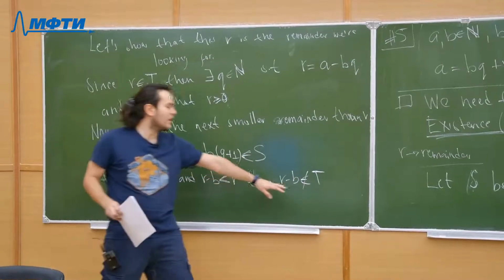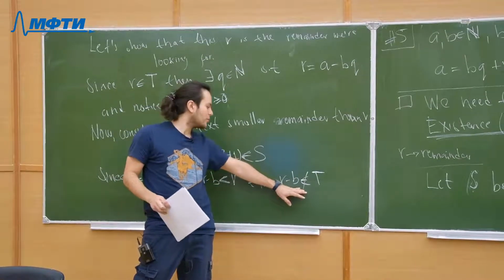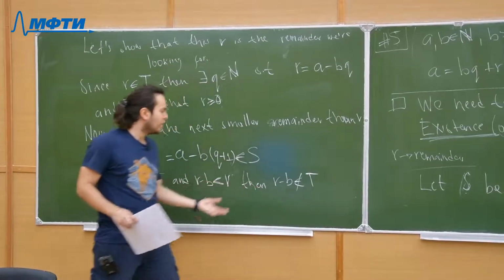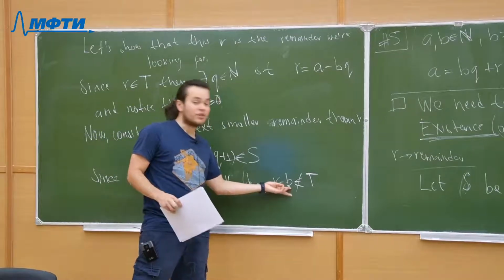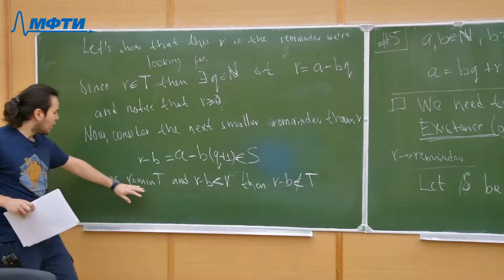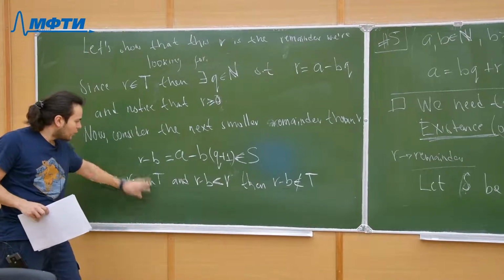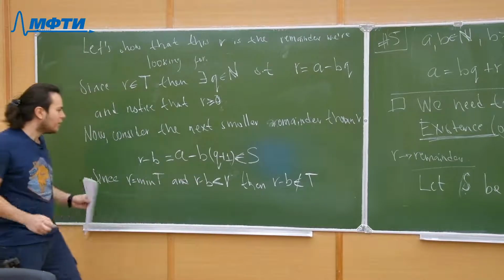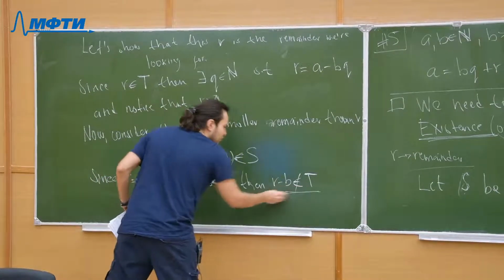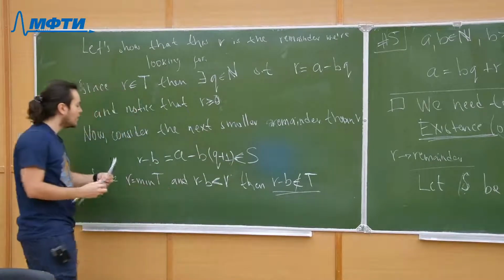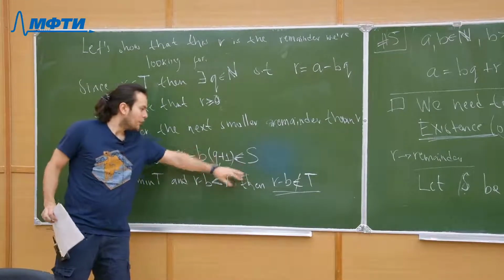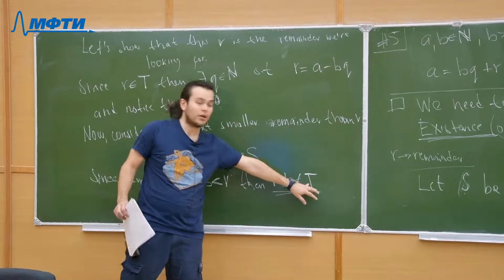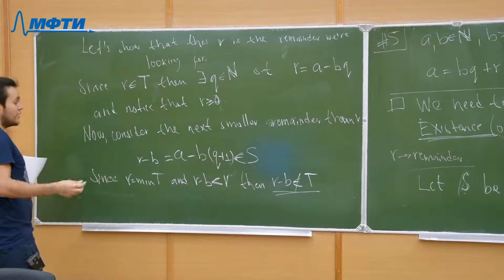It means that R minus B is an integer but not a natural number, so it is some negative integer, like -5 or -2.